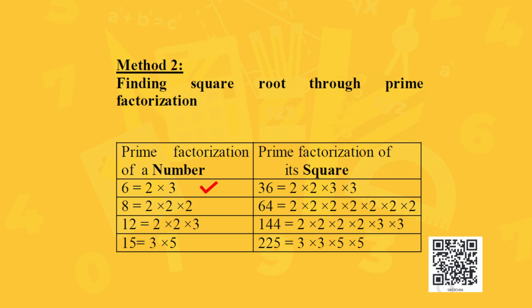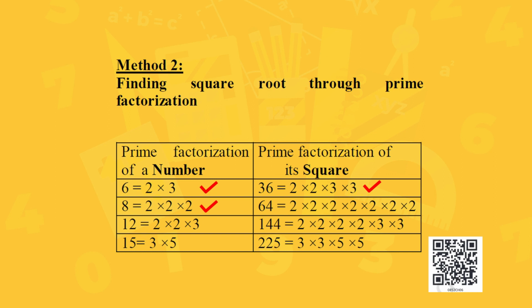Now, look at the number 6, whose prime factorization is 2 multiplied by 3. Observe its square, which is 36 in the right column, whose prime factorization is 2 times 2 times 3 times 3. Next, consider the number 8, whose prime factorization is 2 times 2 times 2.